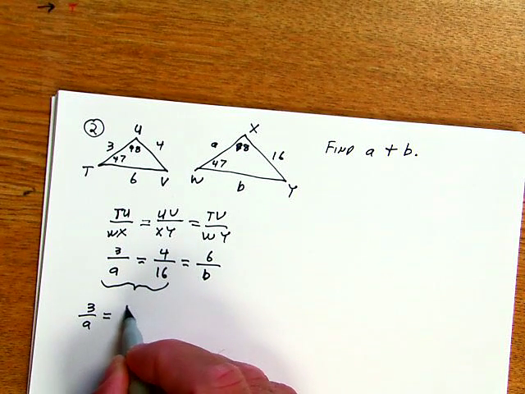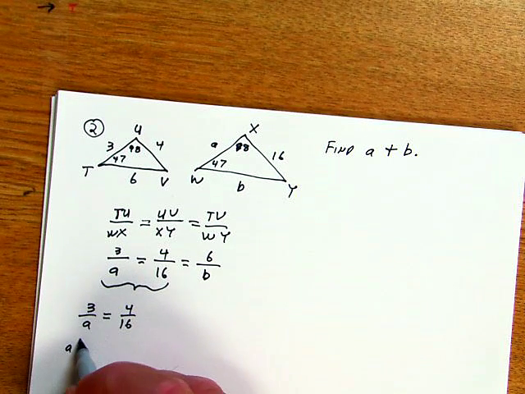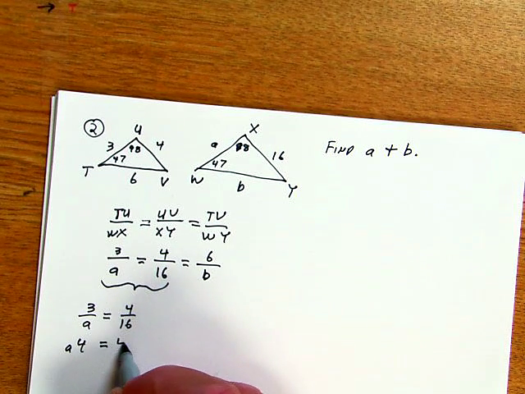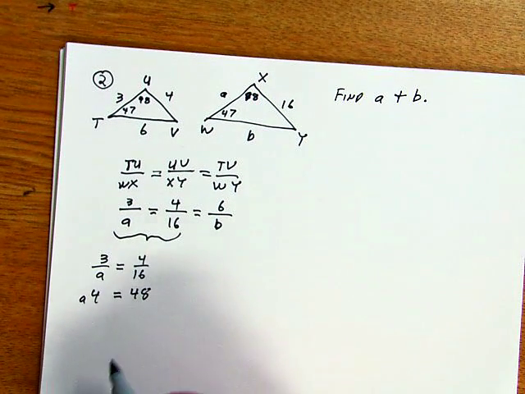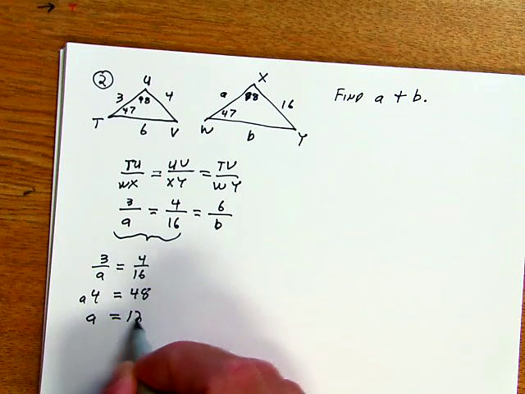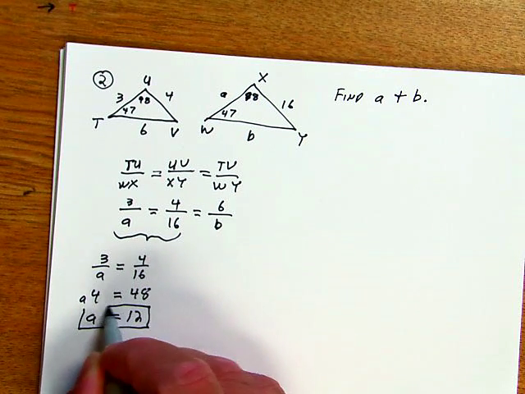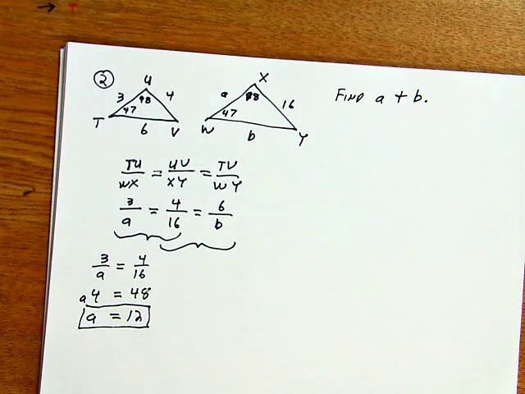3 over A equals 4 over 16. We cross multiply, we get 4A is equal to 48. Divide both sides by 4, and we're left with A is equal to 12. So we've just solved for A. Now we can do the same thing using that proportion.